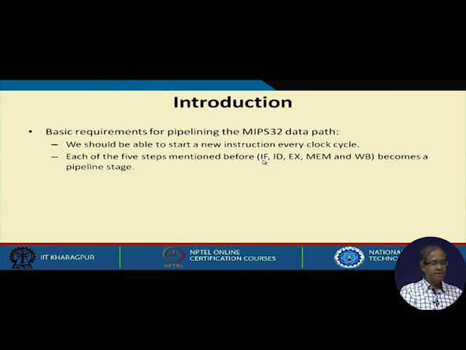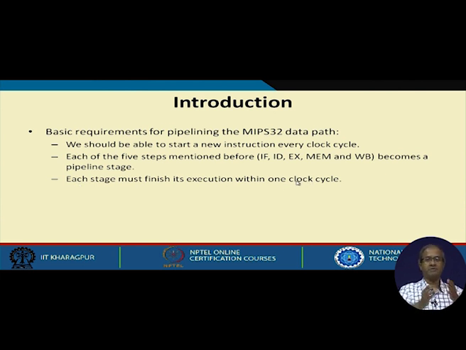And the 5 steps that we had mentioned earlier will become 5 pipeline stages. This is another modification we would be doing. The stages will be such that they must be finished within one clock cycle, because naturally the pipeline operations must be done in a smooth way.